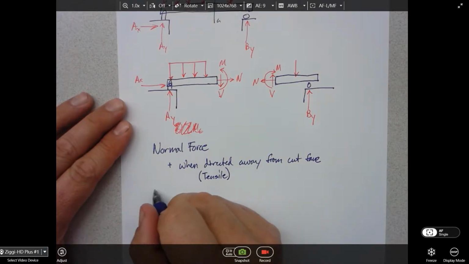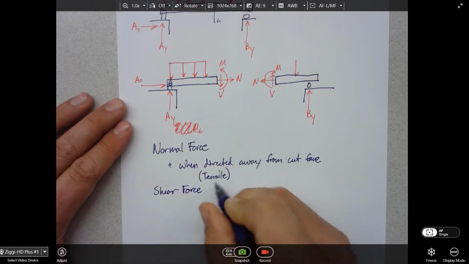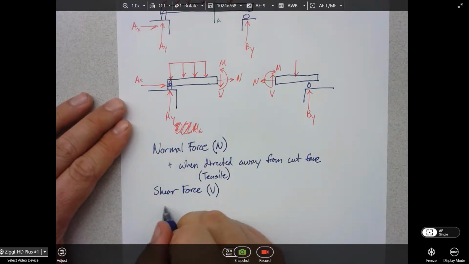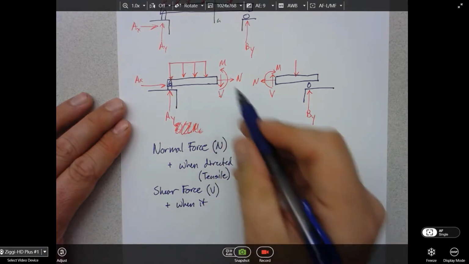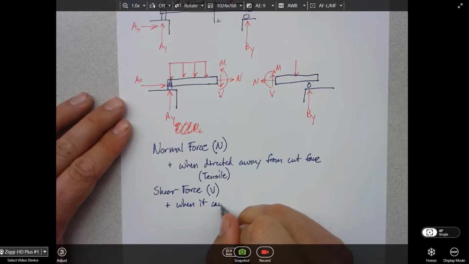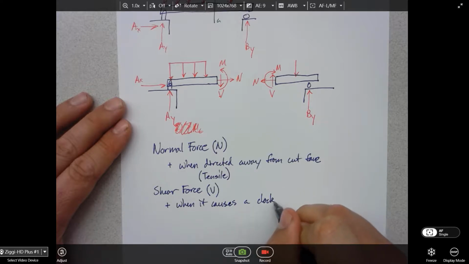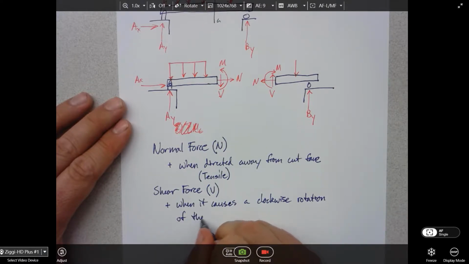The next one let's talk about is the shear force. Maybe I'll put that on here as V, the normal force is N. The shear force is positive when it causes a clockwise rotation of the beam it acts on.